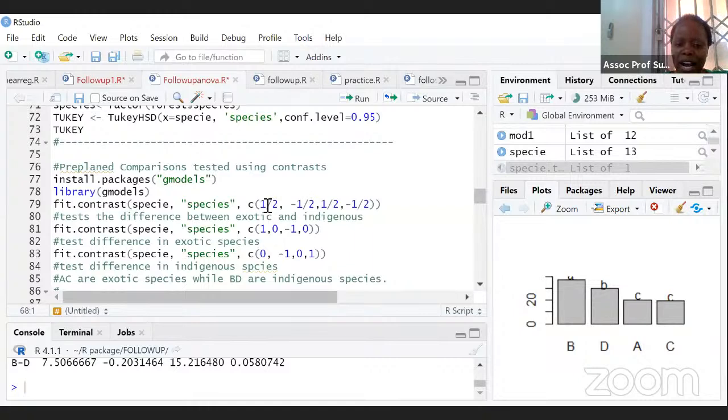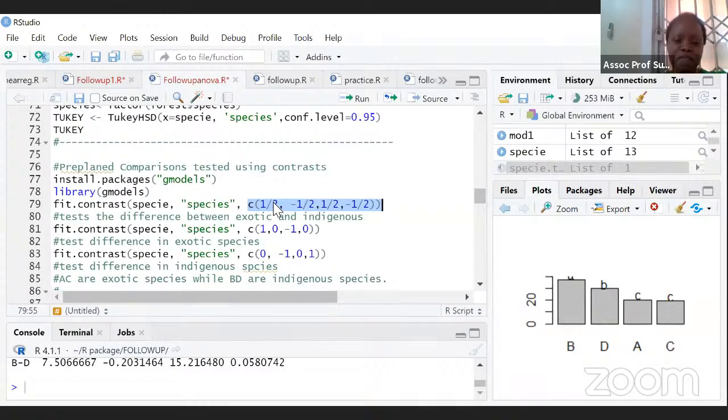The first one here, a half, it is positive, it is for species A. Let me highlight it in blue. So I'm telling R to fit a contrast for species, the categorical variable. And in this species, I have 4 treatments. I want you to assign a coefficient, which is a half, to species A, and then assign minus a half to species B, and a half to C, and minus a half to D.